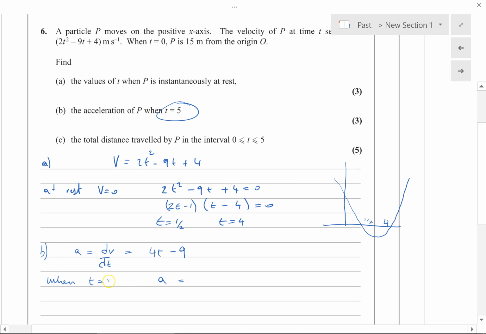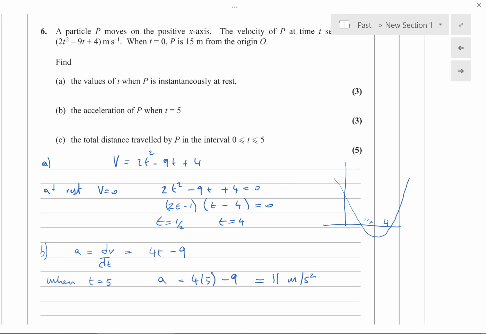That'd be a shame, wouldn't it, to do something so silly. Number of times you see this happening, you're just thinking about the next thing, thinking I can do this easily, and then just miss out on giveaway marks. Don't worry, I'm sure I did it all the time. So there we go. Acceleration is 4 times 5 minus 9, which is equal to 11 meters per second squared.